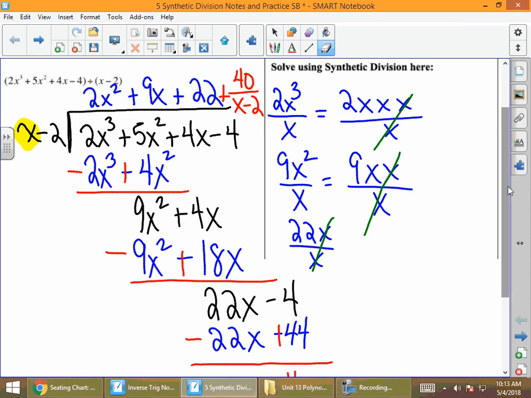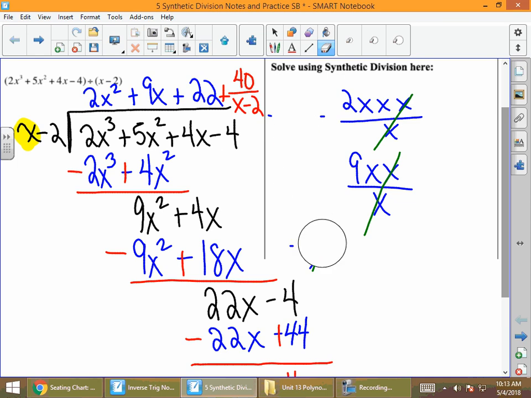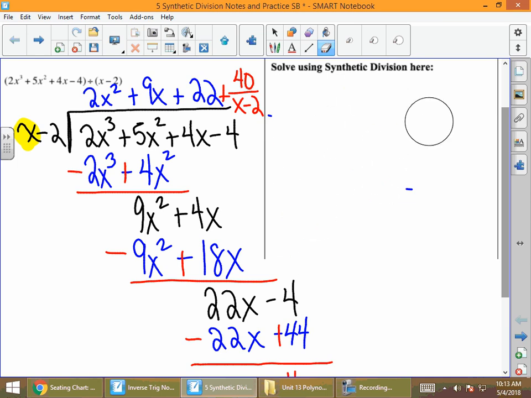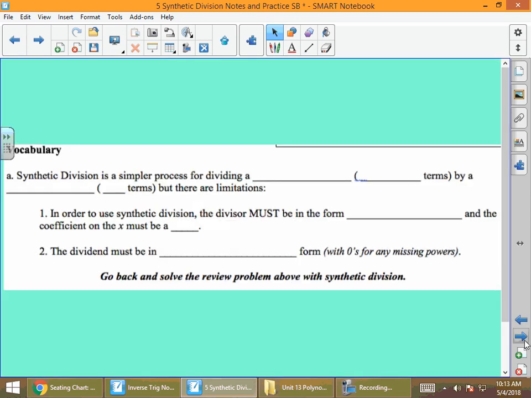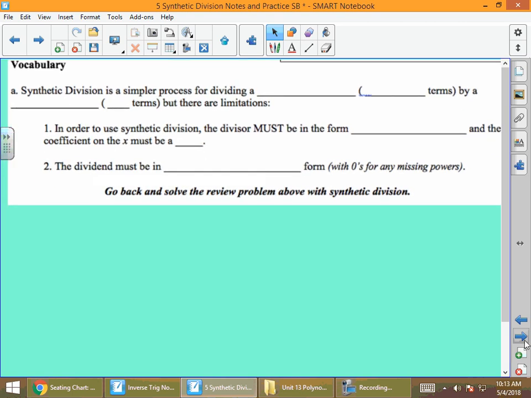Well, I'm going to erase this stuff in the box here, and we'll come back to the box momentarily. But there's another way that we can divide this problem called synthetic division. Synthetic division is a simpler process. Sometimes I call it the shortcut division.